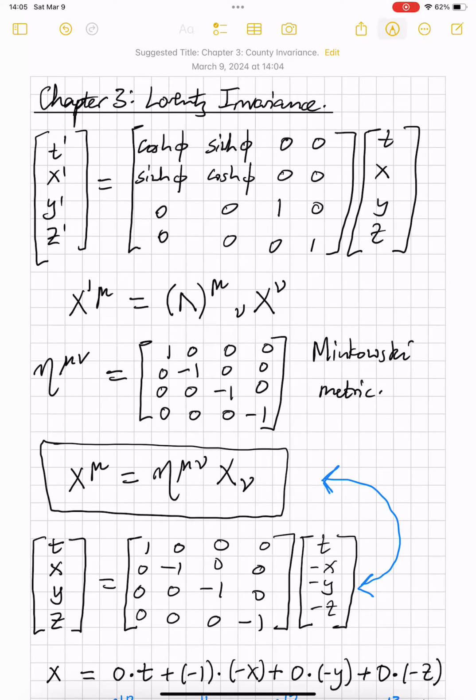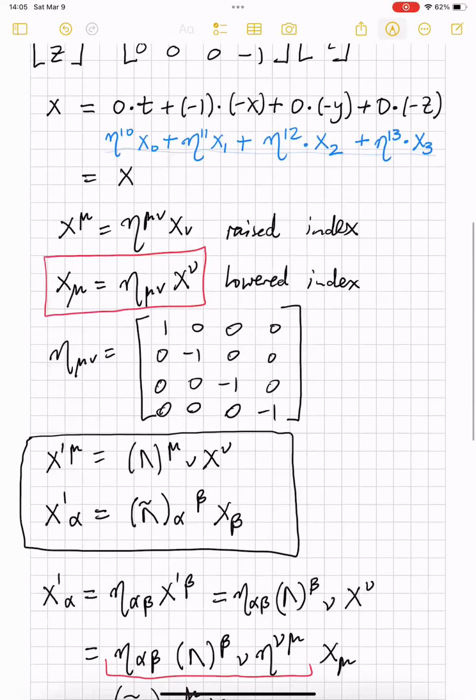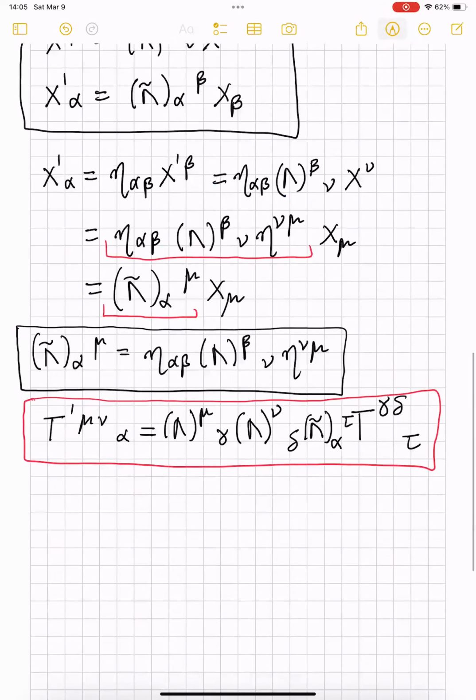And then we also know what eta, the Minkowski metric, is. So when we look at lambda tilde, we know eta, we know lambda, we know eta, so we can very easily work out what lambda tilde is. So we know both lambda and lambda tilde, which means we know exactly how any tensor will transform when we move from one reference frame to another reference frame related to the original one by any Lorentz transformation.